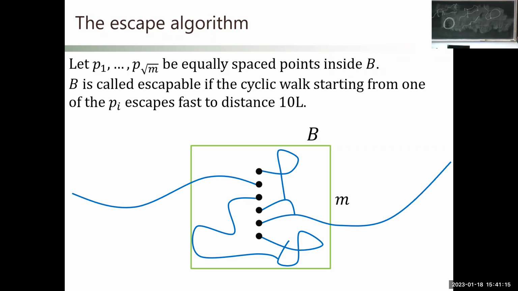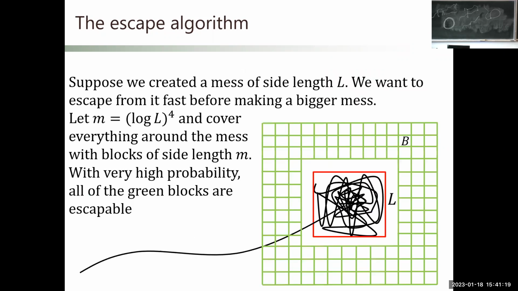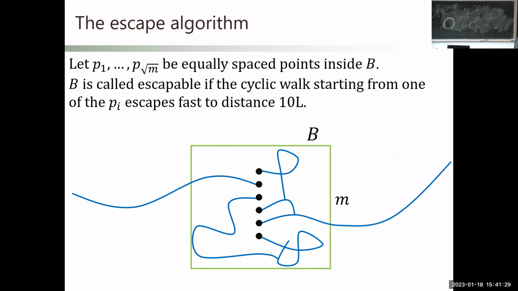So escapes very fast to a distance of 10L. Remember, L is the size of the mess, so you want the cyclic walks from inside the green block to escape to a distance of at least 10L, away from the mess. Okay, so this is what it means to be escapable.